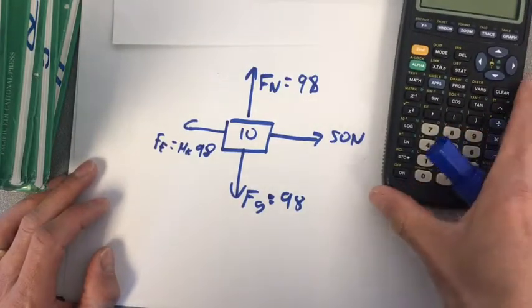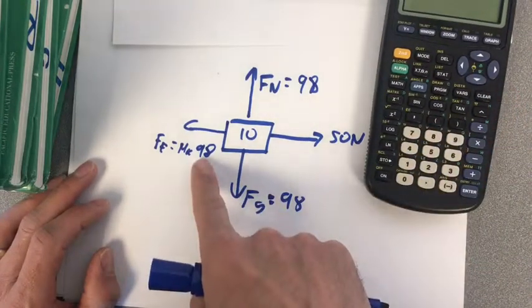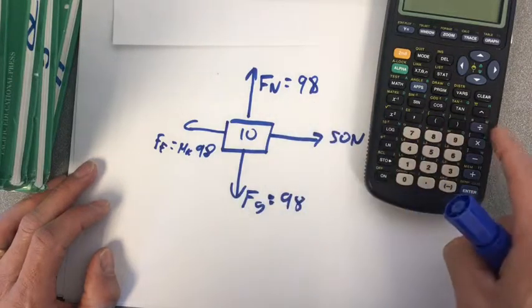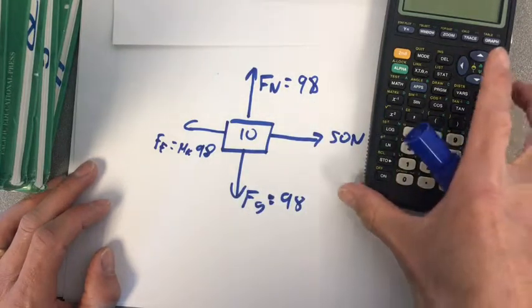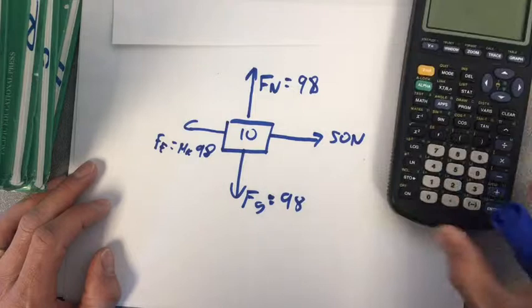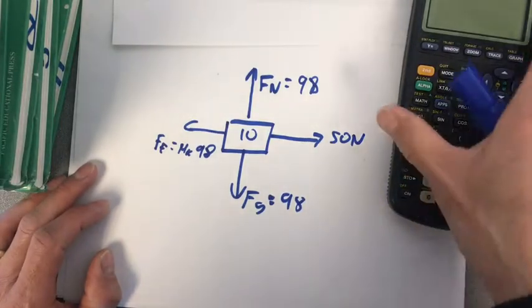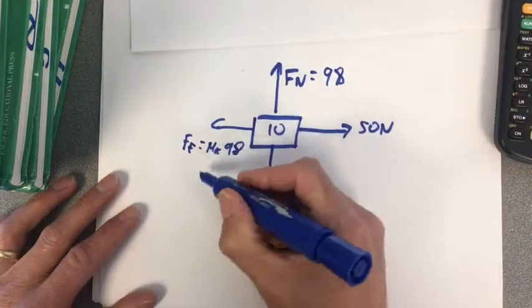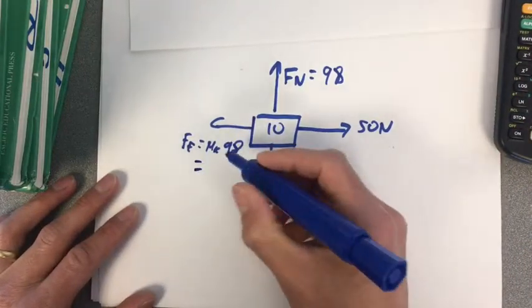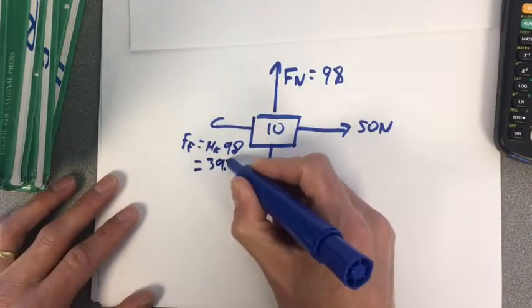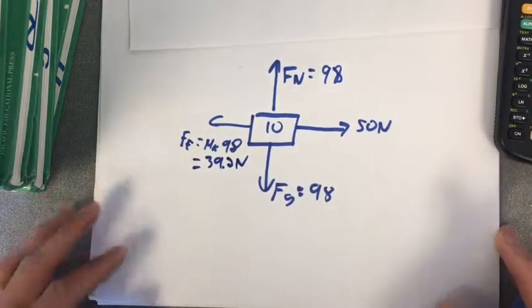Okay, so we have a normal force of 98, and we're going to multiply that by our coefficient of friction, which is 0.4, giving us a force of friction of 39.2. So the force of friction is 39.2 newtons.